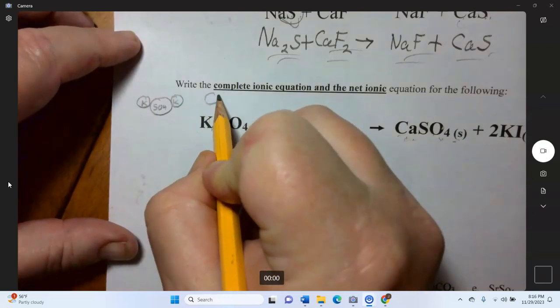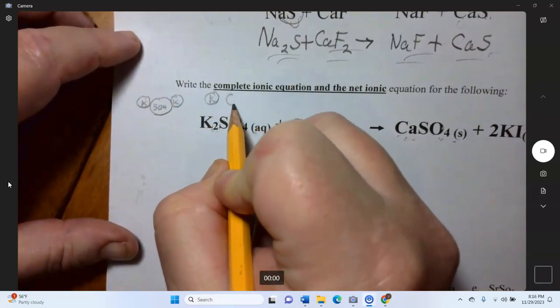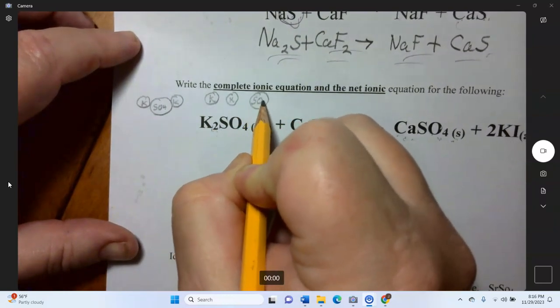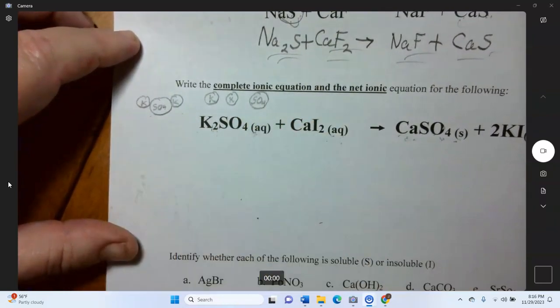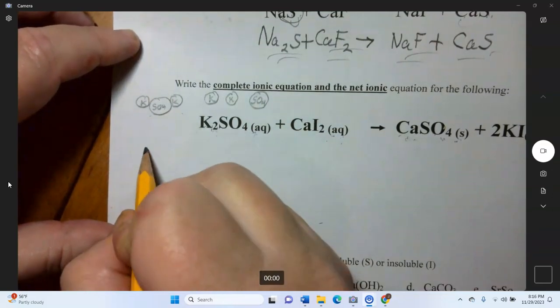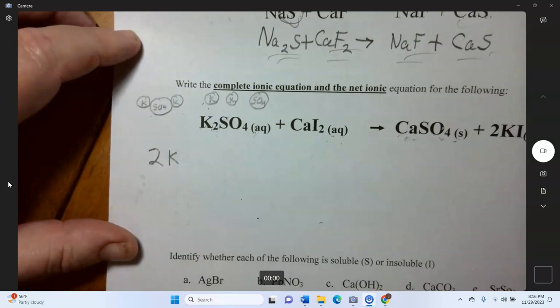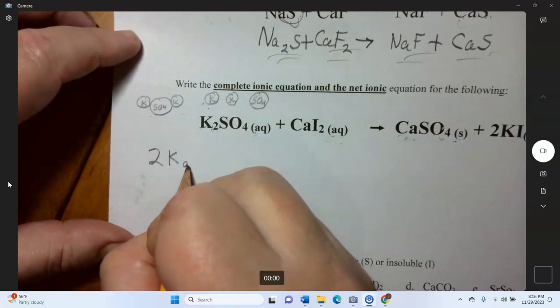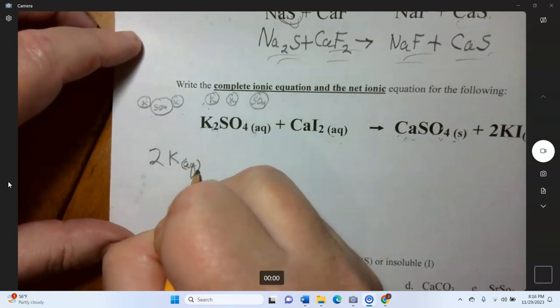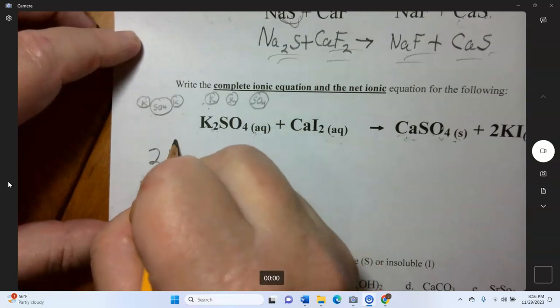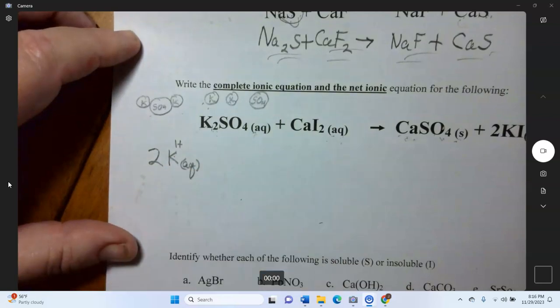It breaks up into a K, another K, and the SO4. So it breaks into 3 particles. Okay, so the way you write that is 2K. That means you have 2 of the K's there. Now it's aqueous because it dissolved. And each K, not with the total of the 2 of them, but each K has a 1 plus. So you put that up here.